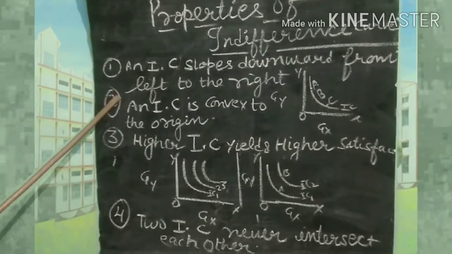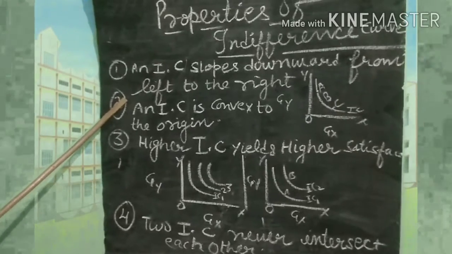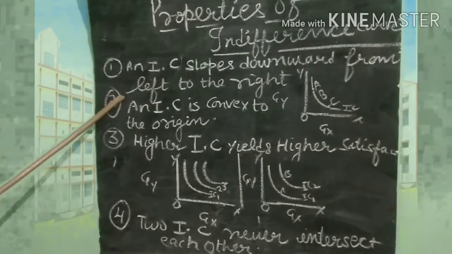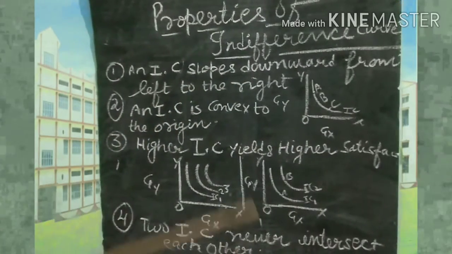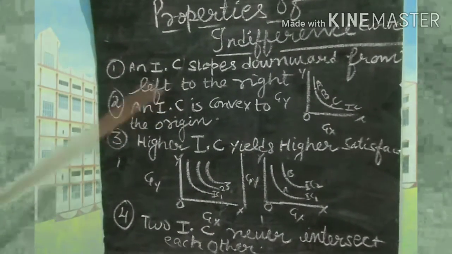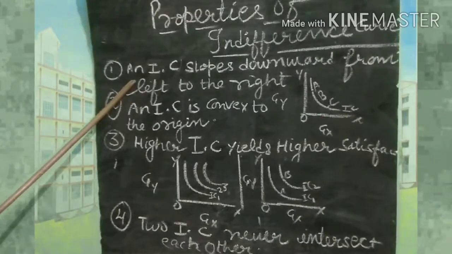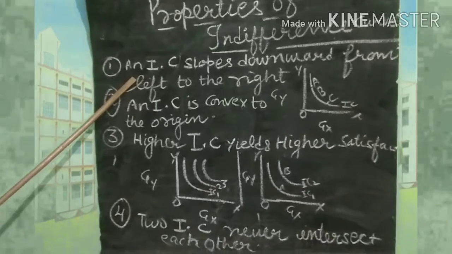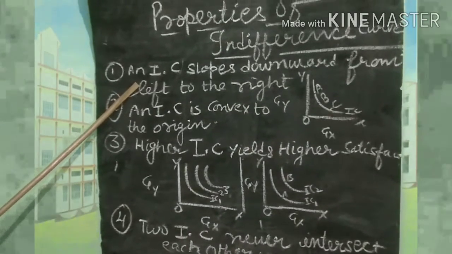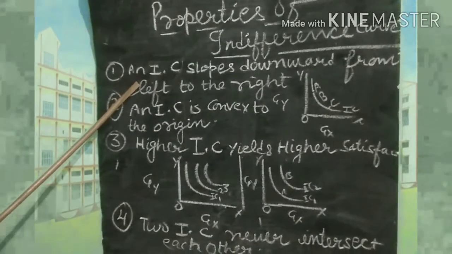Therefore, these two combinations will not lie on the same indifference curve. Okay, all of you understood? Slope downward from left to right. Reason, again I am telling you, if a consumer consumes more of one commodity, he must consume less quantity of the other because he has to maintain balance.